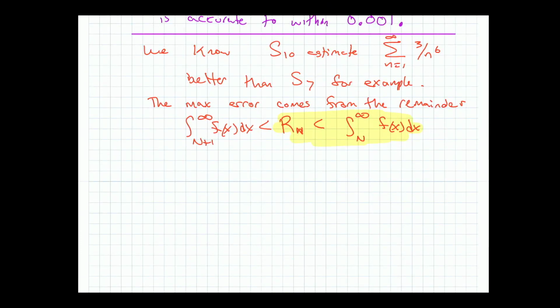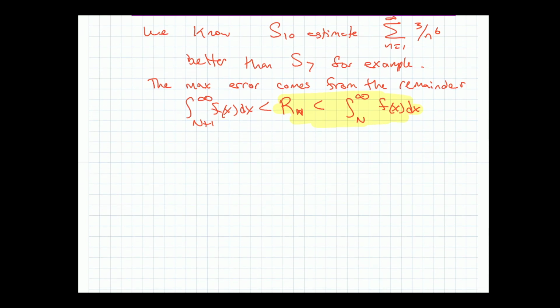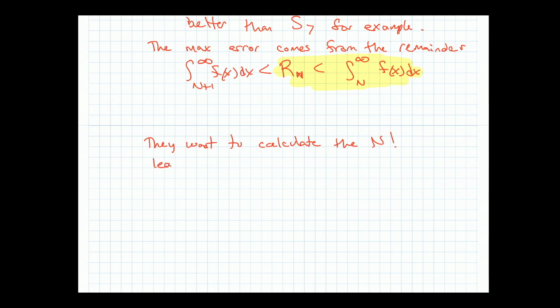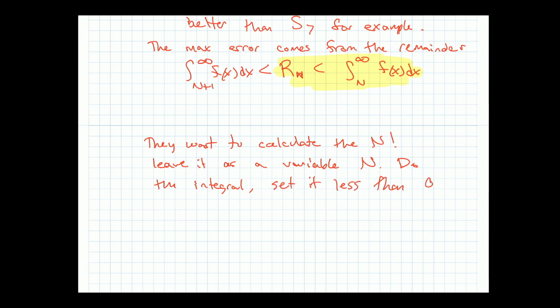Okay, so we know the remainder is less than that integral on the right. They're asking for the n. They want us to calculate the n. They don't tell us. So what you do is you leave it as a variable n, do the integral, and set it less than 0.001.